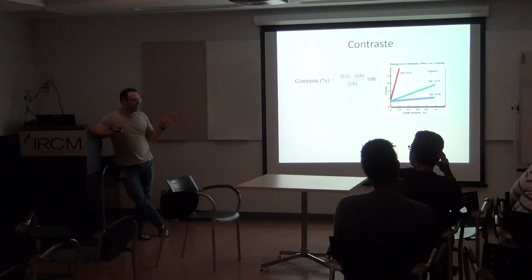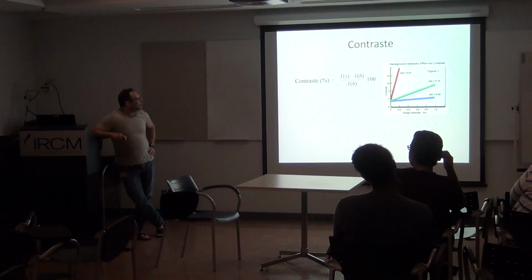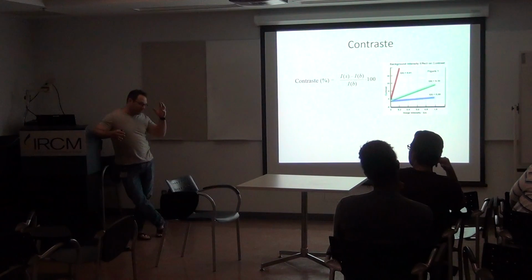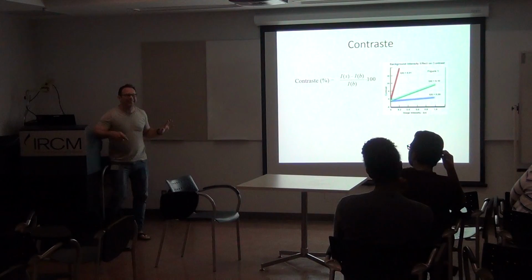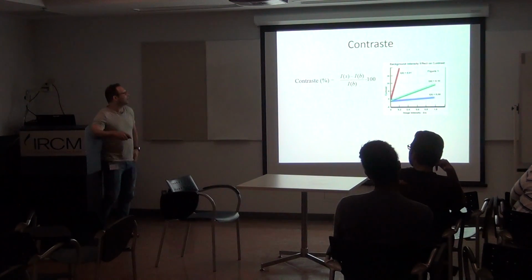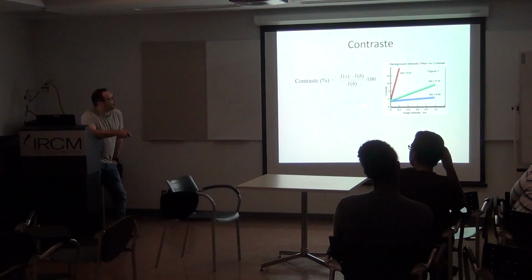But at the same time, you need to have a certain contrast in order to say, this is my object or this is my background. Because if it's everywhere the same thing, then you're going to say I only have background and I don't see the object.